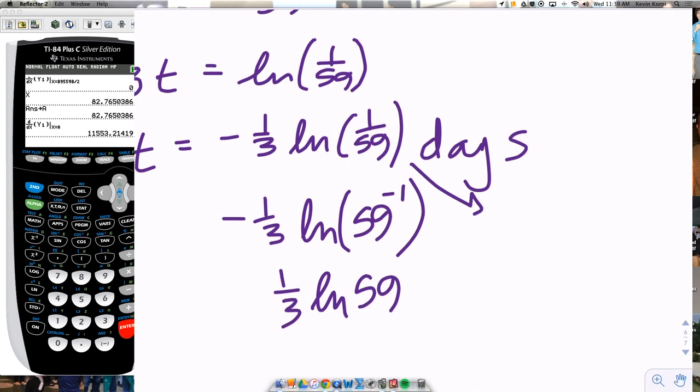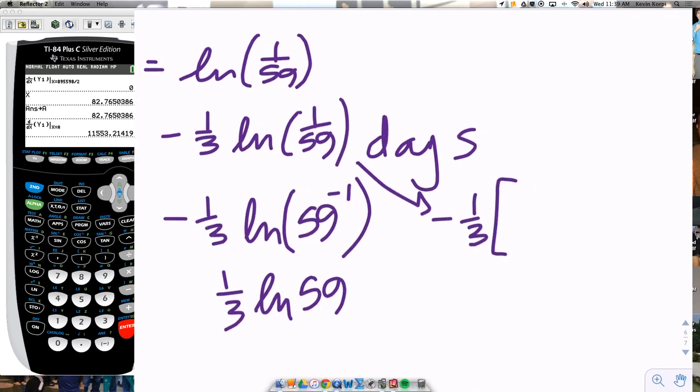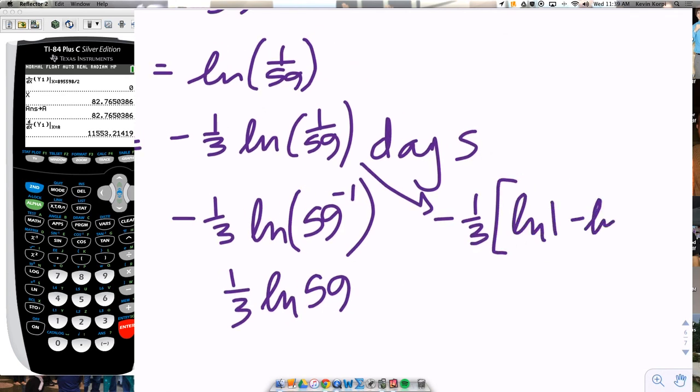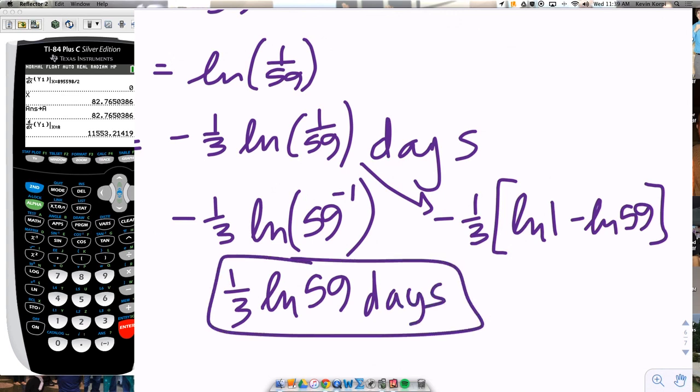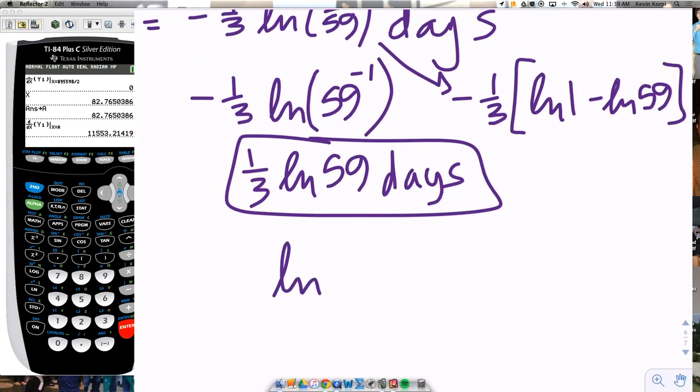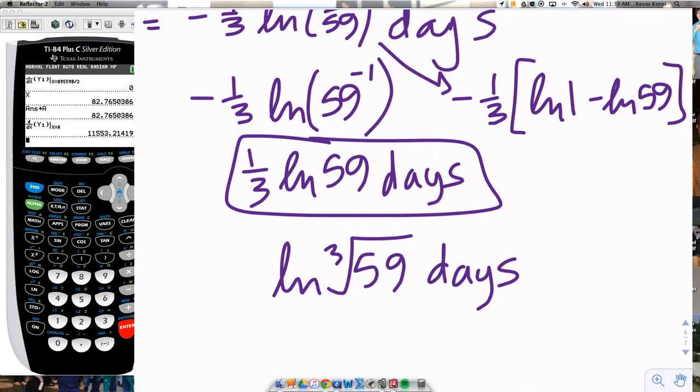Or you could equivalently say it's negative 1/3 bracket, natural log of 1 minus the natural log of 59. And of course, the natural log of 1 is 0, and the negative times negative becomes positive. So this more than likely would be the answer. But again, it could be the natural log of what? The cube root of 59. I don't think that that would show up. But again, it's an option.